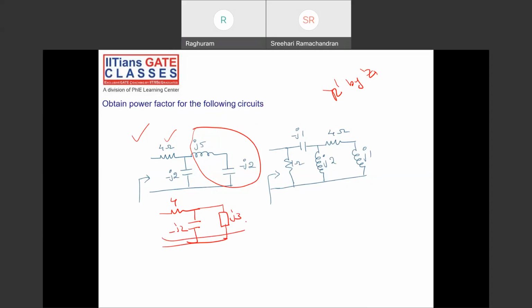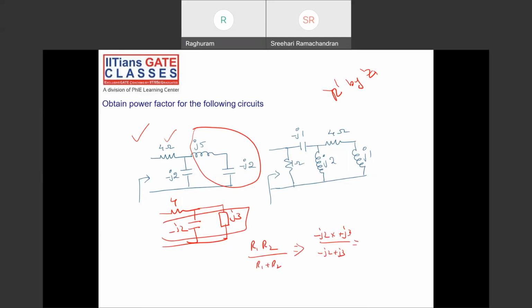So minus J2 and J3 are in parallel. Again, R1, R2 in parallel is R1 R2 by R1 plus R2. Similarly, Z1 Z2 by Z1 plus Z2. So this will be minus J2 into J3 divided by minus J2 plus J3.